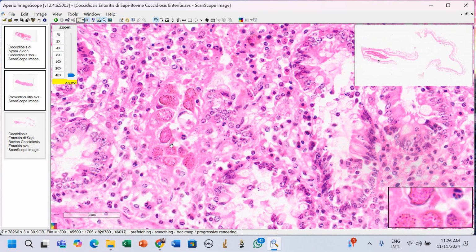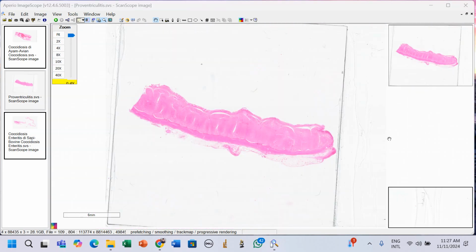I'm going to continue with the third slide. Alright, the third slide is about proventriculitis. This is the inflammation in the proventriculus of chicken. As you know, the proventriculus is the glandular stomach of chicken.